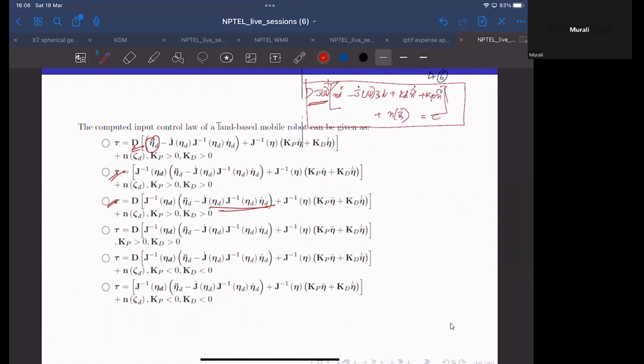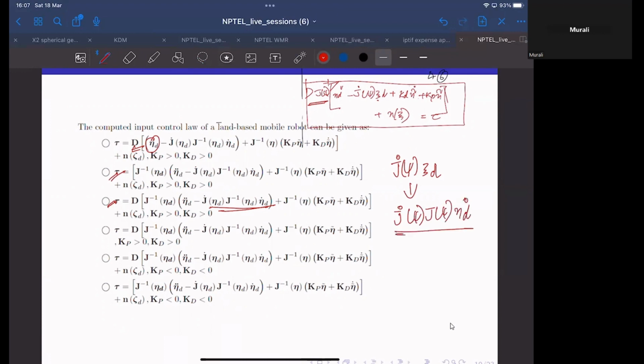Essentially j dot of psi into zeta desired. The term over here, j dot of psi zeta desired dot. They have zeta desired. They have further simplified this thing. They have again further applied this inverse transformation, j dot of psi, j of psi, zeta desired dot.